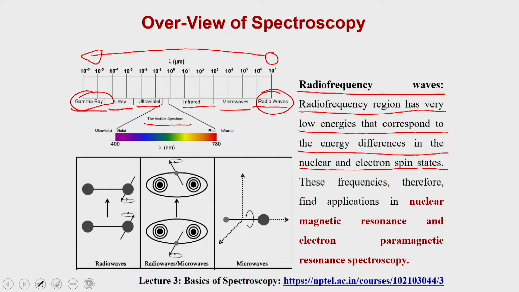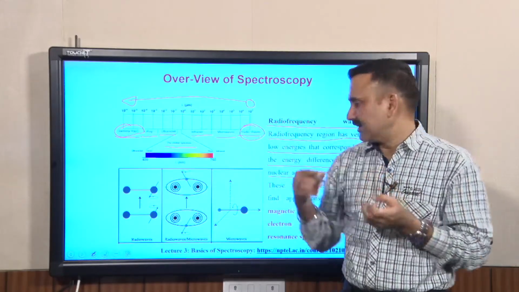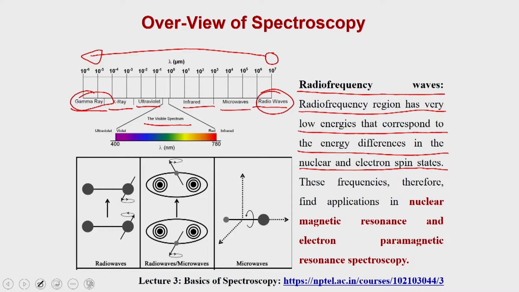So, the first phenomenon is the rotation. Rotation could be on its own axis. Some molecules are spinning on their own axis and that spinning can be changed, and that is a very small quantity of energy, and that can be mapped with the help of the radio waves.